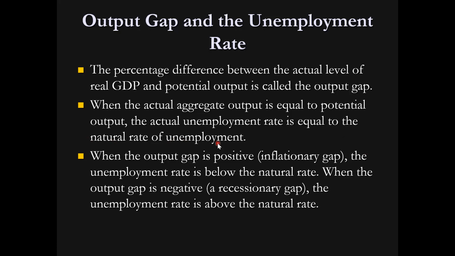In this case, we have equilibrium, we have no problem. When the output gap is positive, which means we have an inflationary gap, the unemployment rate is below the natural rate. When the output gap is negative, a recessionary gap, the unemployment rate is above the natural rate.